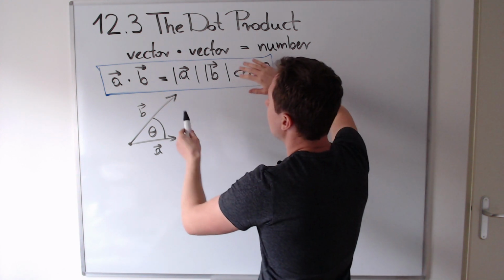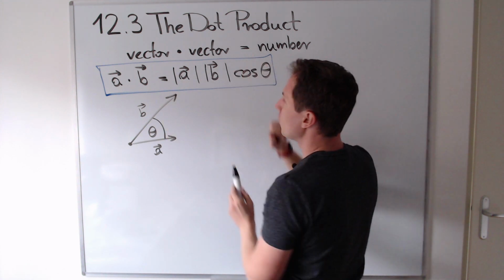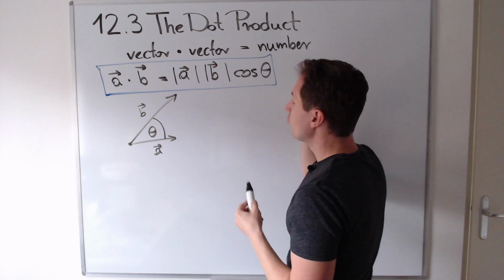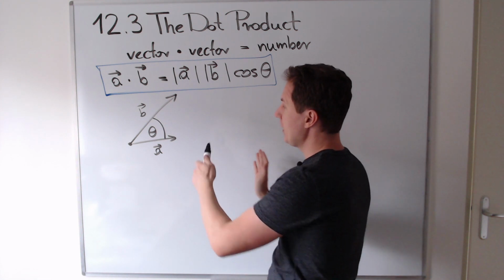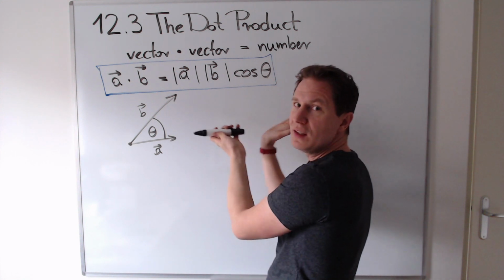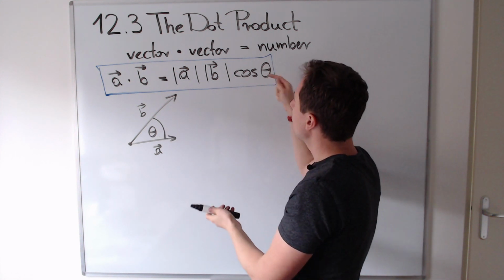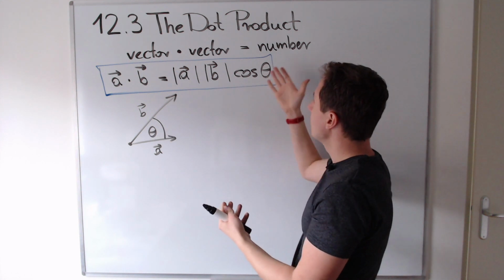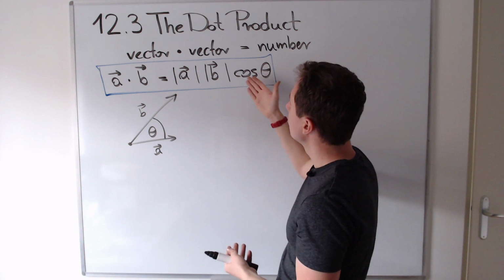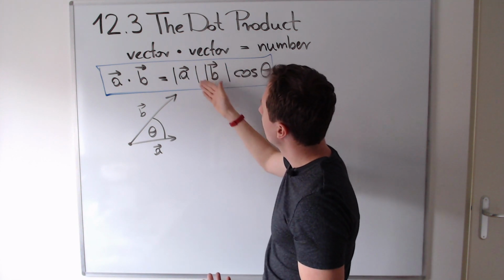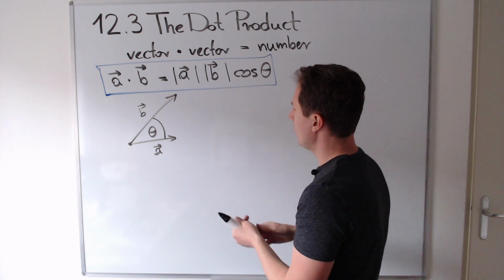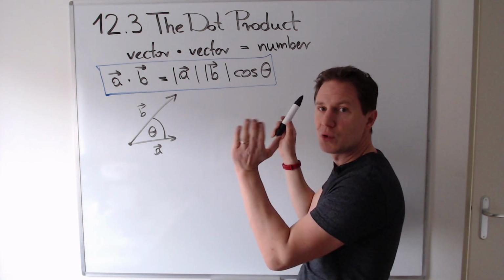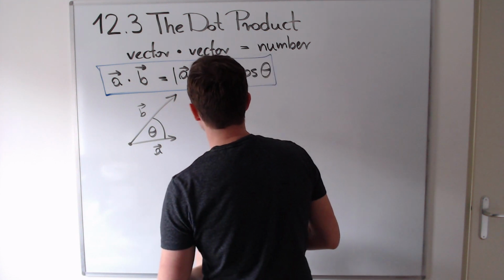So that's when the product is simply the product of the lengths. And if the angle is 180 degrees, or pi radians, then the two vectors point in opposite directions, and the cosine of pi is -1, so you get the product of lengths multiplied by -1, a negative number when the two vectors point in opposite directions.